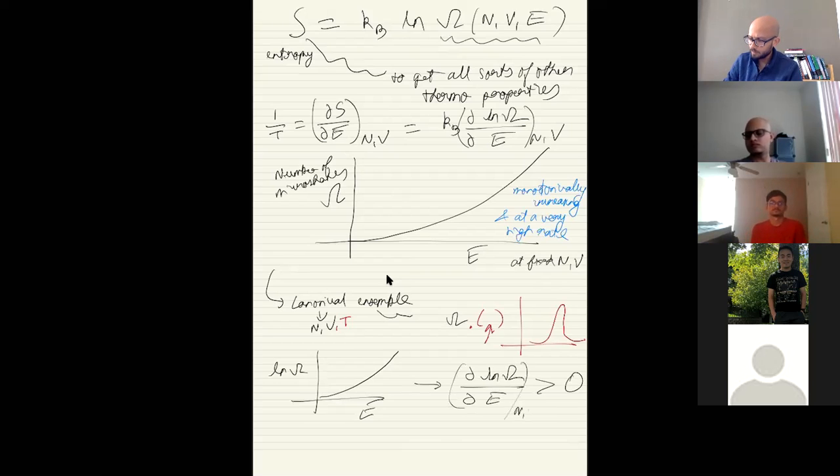Because it's a monotonic increasing function. Or 1 by T is always positive, or temperature is always positive. So you could have gone the other way around. You could have used that the temperature is always positive to show that omega must always increase with energy. But we are taking a StatMech perspective. Number of microstates leads to this conclusion that temperature is more than zero.